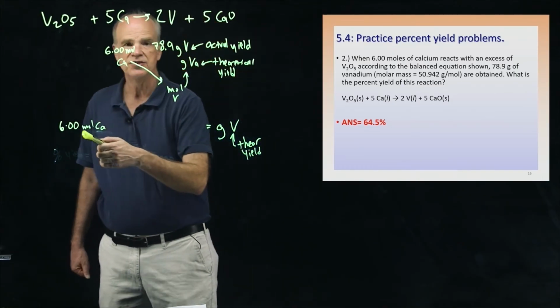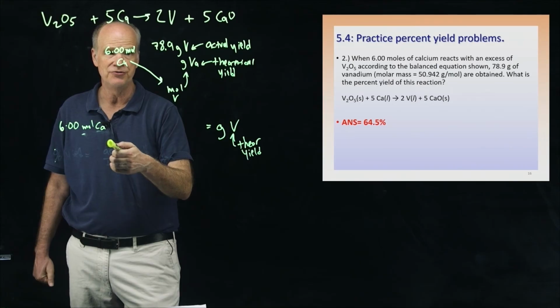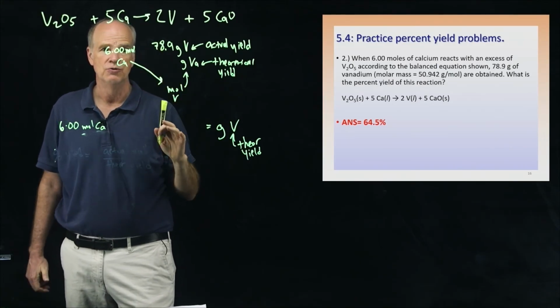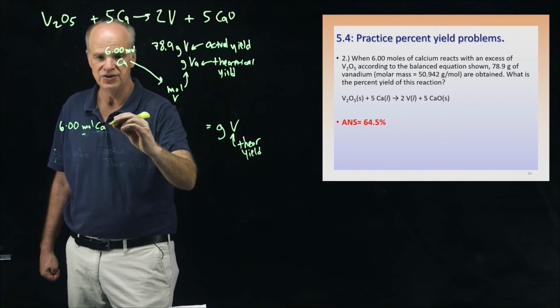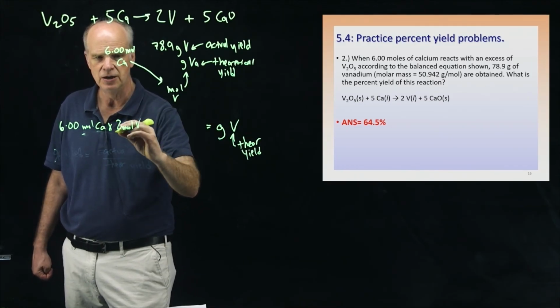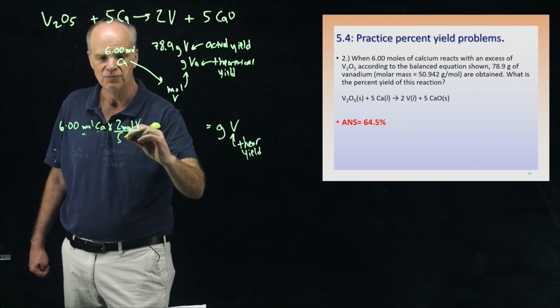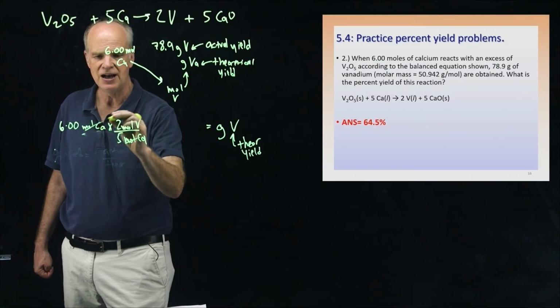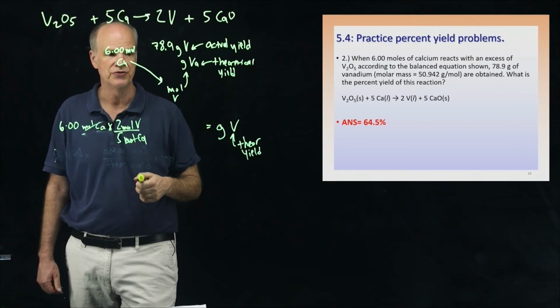Okay, so you take the moles of calcium and you figure out, using the mole ratio of calcium to vanadium 5:2, what the moles vanadium would be. So I just write times 2 mole of vanadium over 5 mole of calcium. And you can see the moles calcium cancels out, and now we have an answer in moles of vanadium.